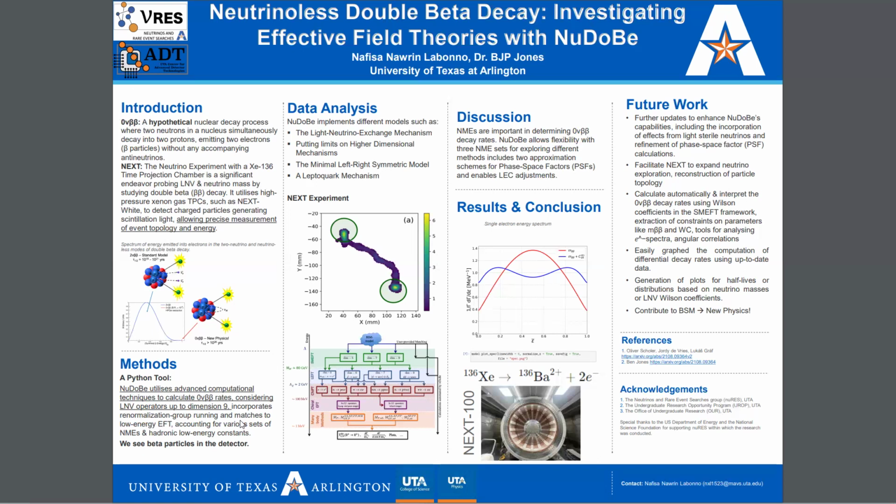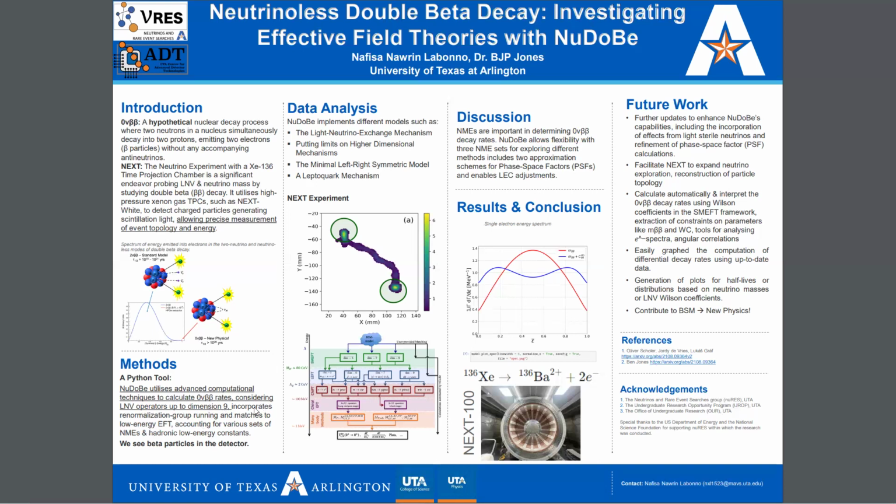Currently, what we are lagging behind in is our understanding of computational techniques and our efficacy in measuring, let's suppose, LNV operators, or speculated higher dimensions up until dimension 9, for instance. So this is where nu-DOBE comes into play, and this is where the experimentation reaches its fruition, right?